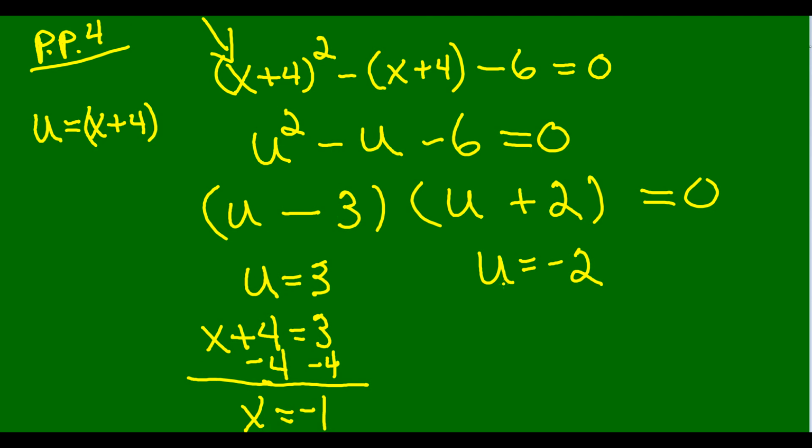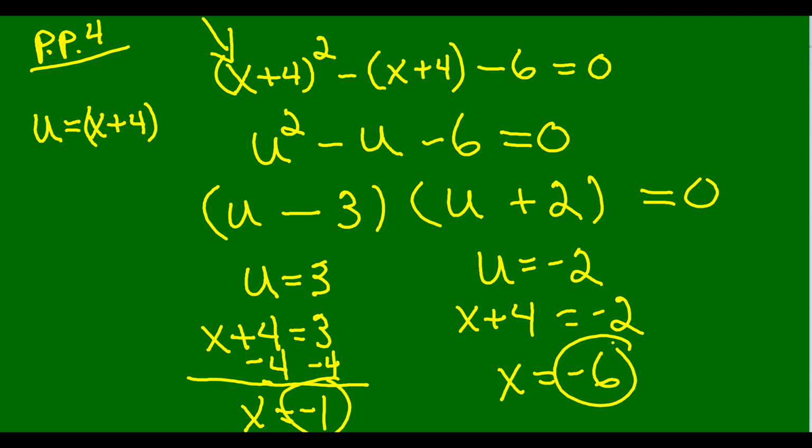And then for this u, I'll replace the x plus 4. Same x plus 4, because that's what u equals. X plus 4 equals -2. And then I can see that I'm going to subtract 4 from both sides, and x will equal -6. And those are my two values here, -1 and -6. And that is the answer to practice problem 4.